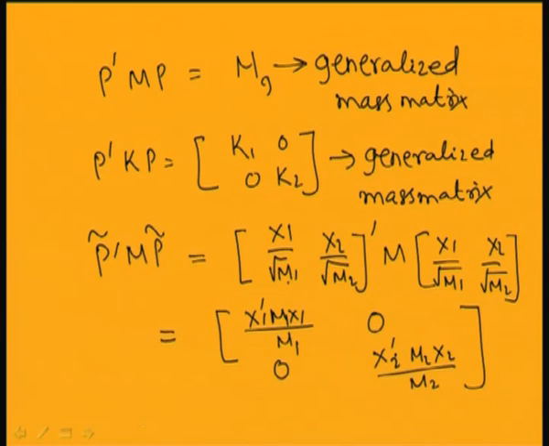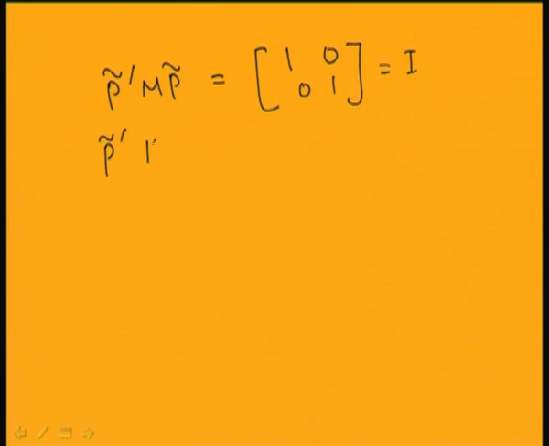By dividing this you can see that the weighted modal matrix transpose M times the weighted modal matrix becomes [1 0; 0 1]. So this becomes the I matrix.